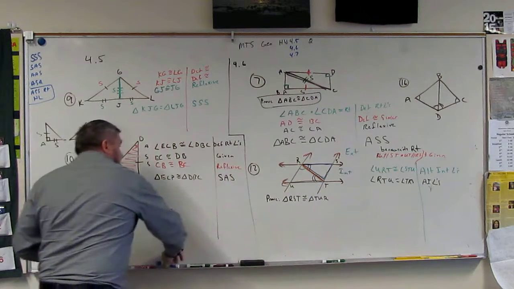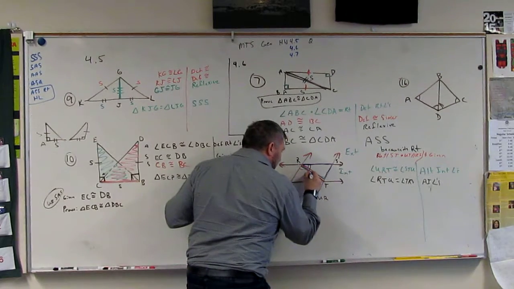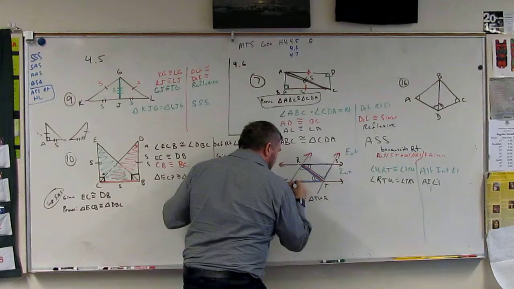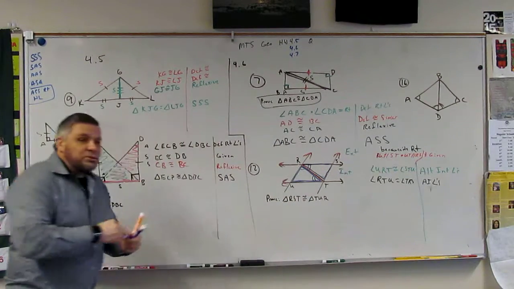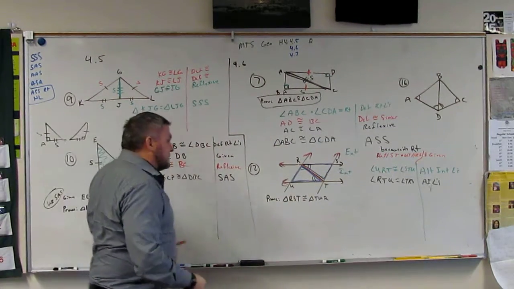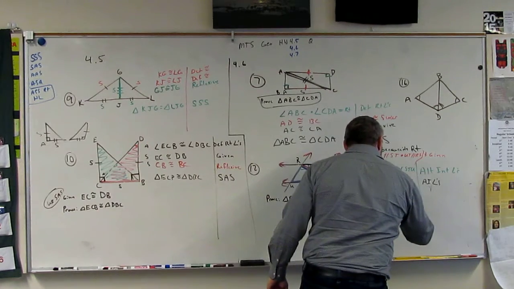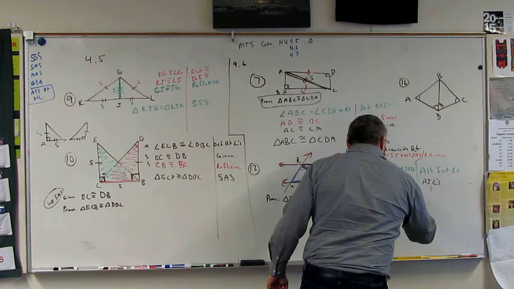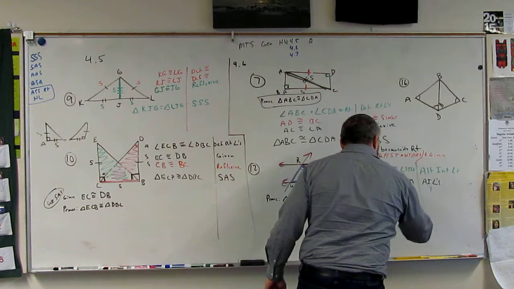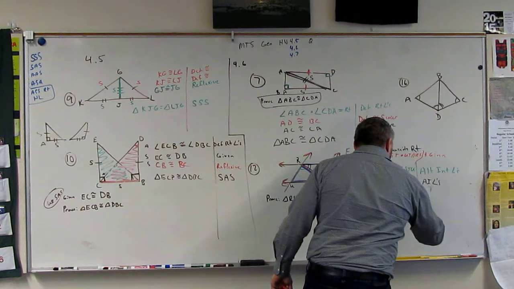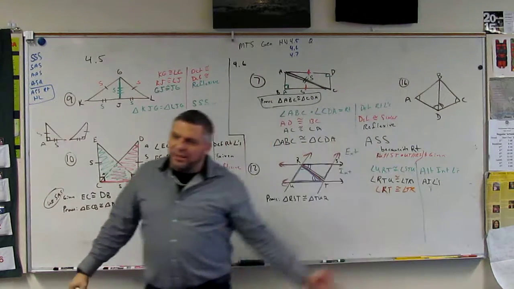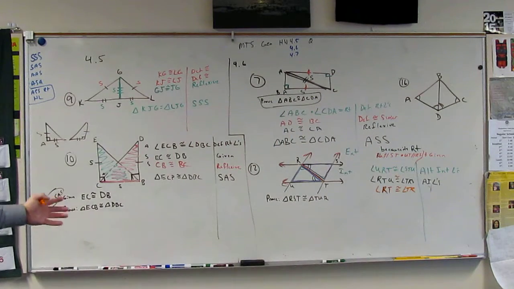And this triangle right here, okay? Those two triangles are sharing that side RT. So RT is congruent to RT, or to TR if you want, okay? Why? Reflexive.